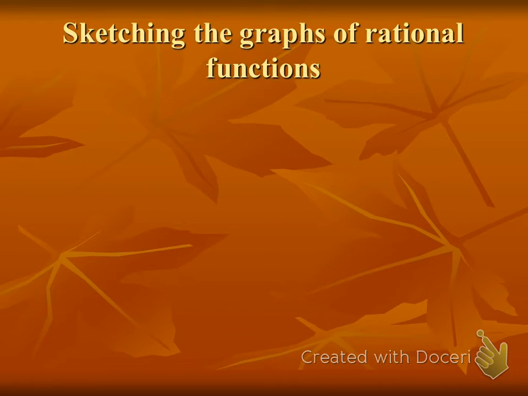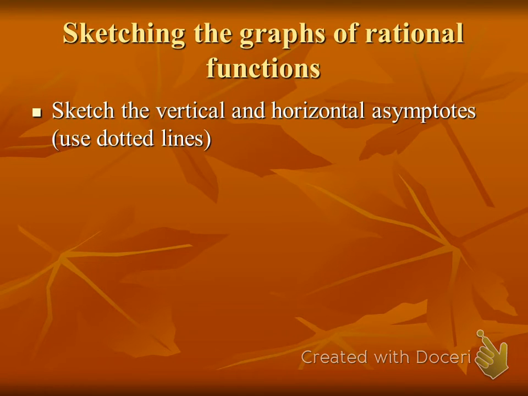Y'all ready? Or domain. Sketching the graphs of rational functions. Here's the process that we're going to take. We're going to sketch the vertical and horizontal asymptotes, and we might have an oblique asymptote that we'll look at just a bit.